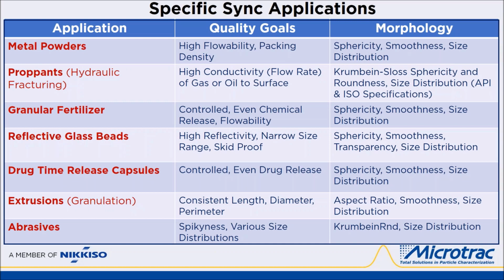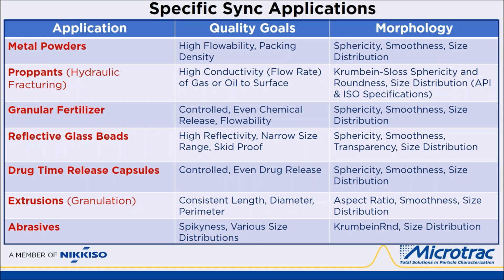Next, proppants, which are sand or ceramic particles which keep fissures in hydraulically fractured shale oil or gas deposits propped open. The fissures need to allow high conductivity or flow rate to the surface. Key parameters, as specified in American Petroleum Institute and ISO standards, include Krumbein sphericity and roundness, as well as size.